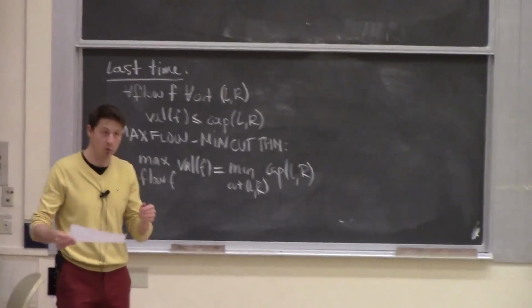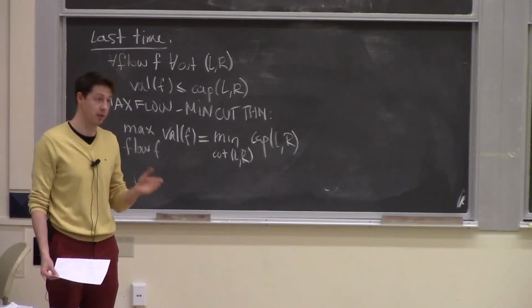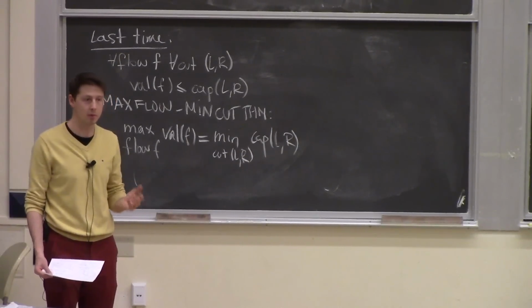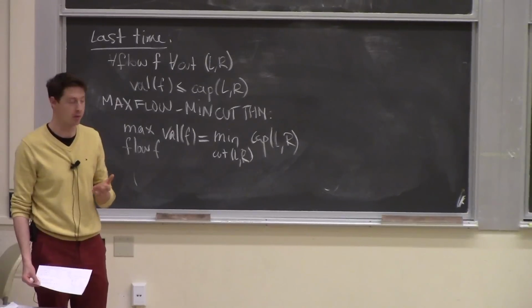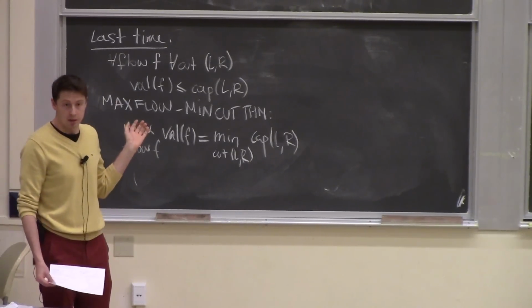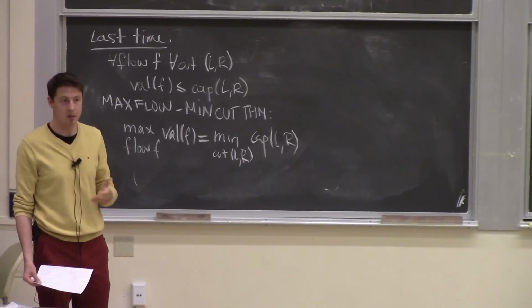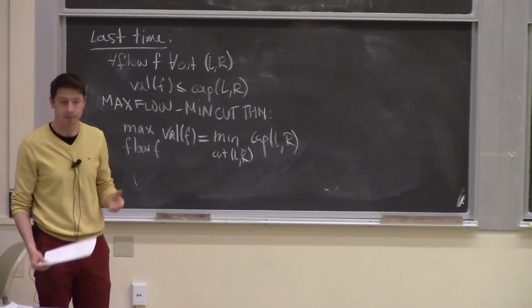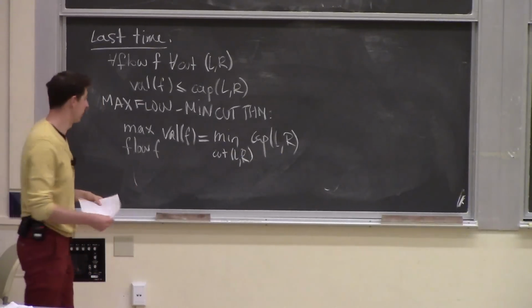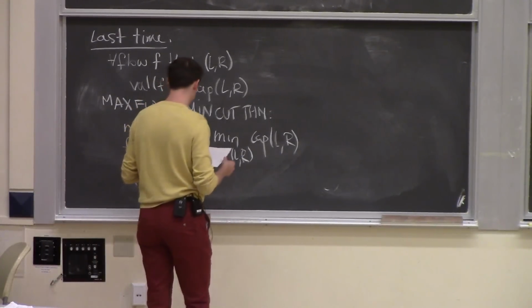And the solutions to the two optimization problems, the so-called primal linear program and the dual linear program, are actually the same. In the particular case of flows, this duality takes the shape of cuts. So that's why I'm recalling what we did last time.